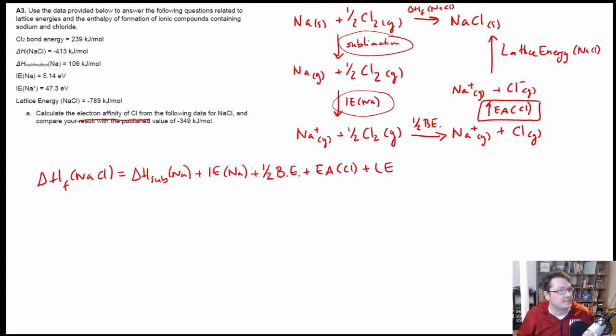I'll just shorten the lattice energy to Le for sodium chloride. All of these things together should give us that value.